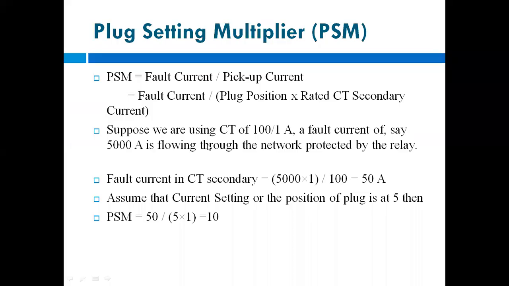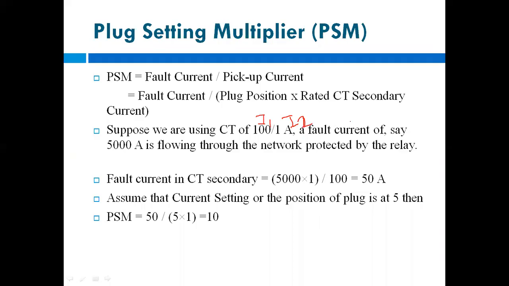Now here we are considering a current transformer of 100 divided by 1 ampere, meaning its primary current I1 is 100 ampere, and secondary current I2 is equal to 1 ampere simply.